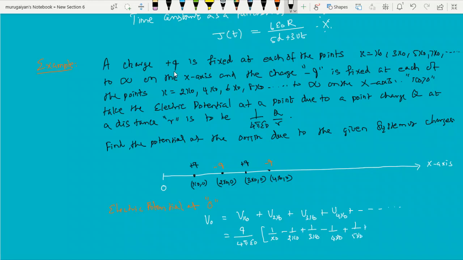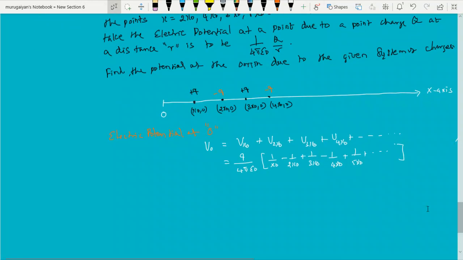So this pattern continues up to infinity. Okay, so this looks like an infinite GP. Once again, we can take 1 by x naught from every term as a common factor.